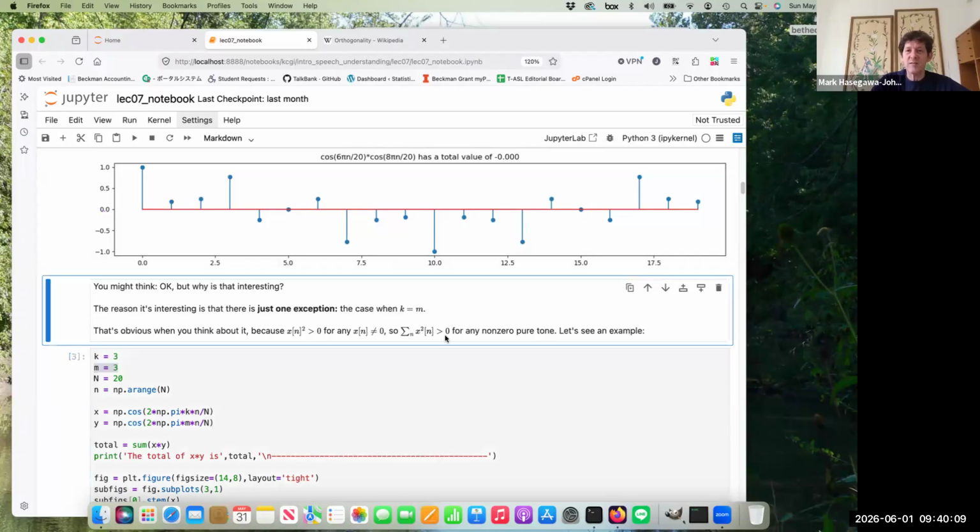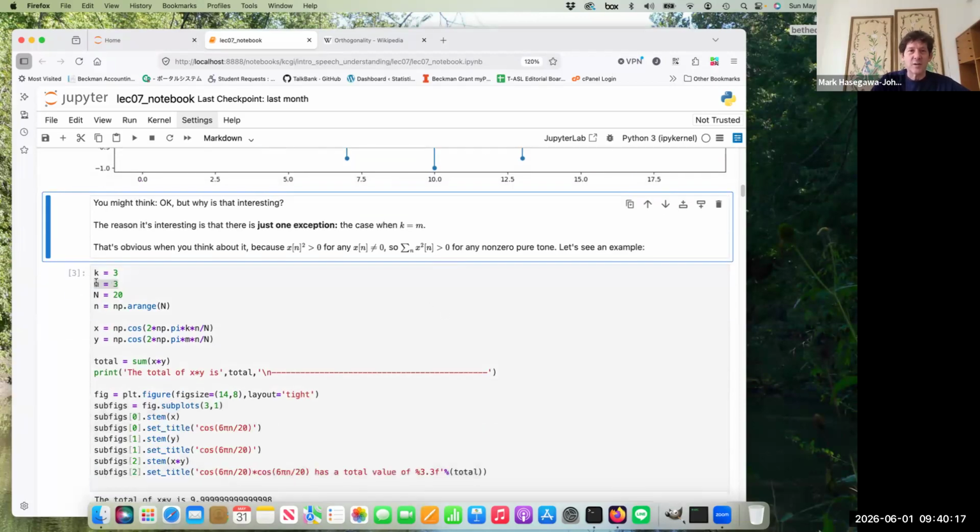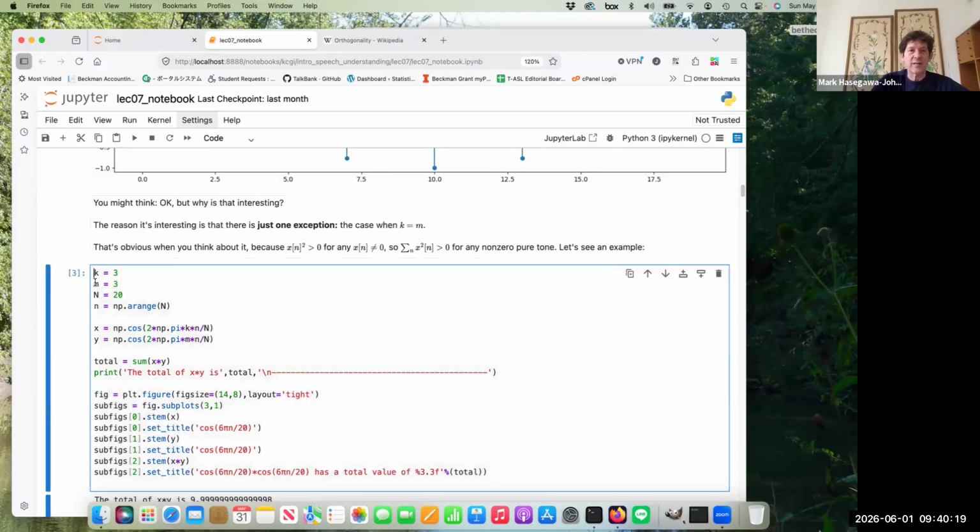As shown here, x squared of n is always a positive number, right? And if it's always a positive number, then it can't average out to 0. So here, let me create a cosine with 3 periods and another cosine with 3 periods. Let me compute 20 samples of each. So x will be a cosine of 3 periods, and y will be exactly the same thing.